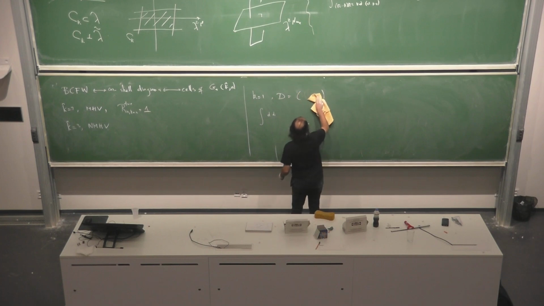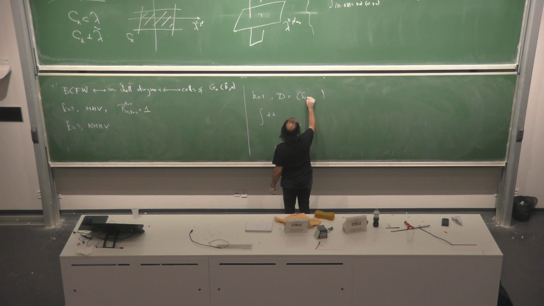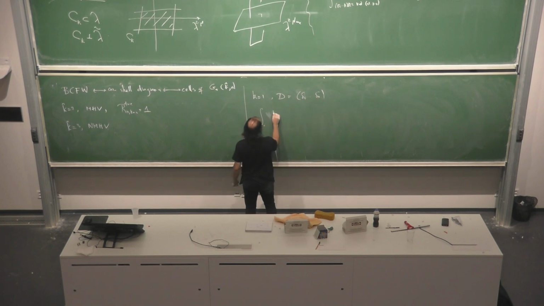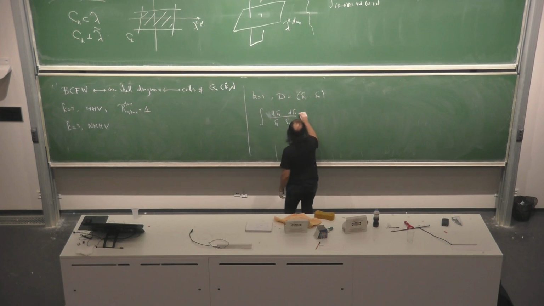This little D matrix, let me call it delta_1 through delta_n. So this is dδ_1 to dδ_n. The product over the cyclic minors is just δ_1 through δ_n. I'm supposed to mod out by GL(k) equals GL(1).